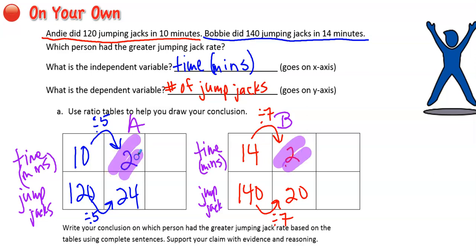So I made 2 and 2, and then I just look at the total value. Bobby does 20 jumping jacks in 2 minutes, and Andy does 24 jumping jacks in 2 minutes. So I would say that Andy has a greater rate.